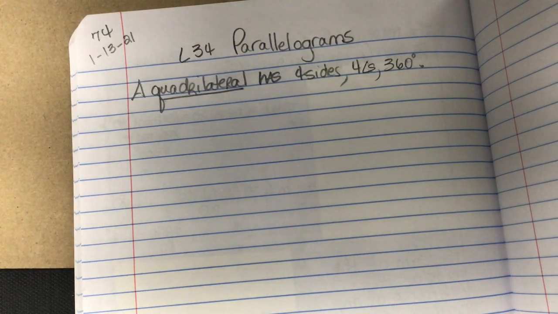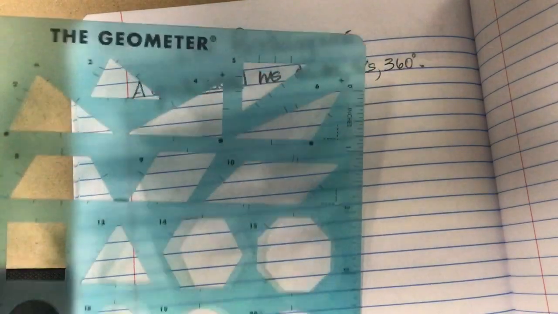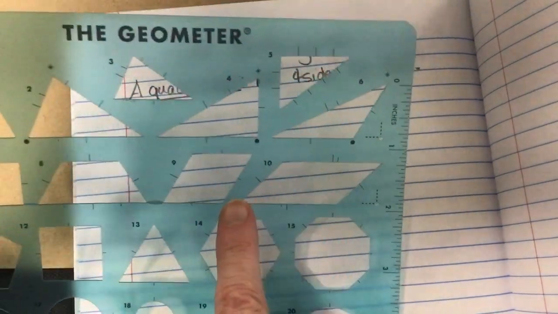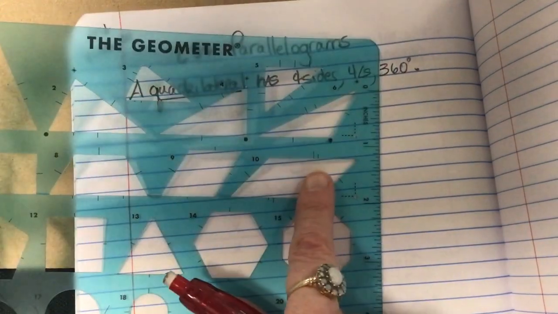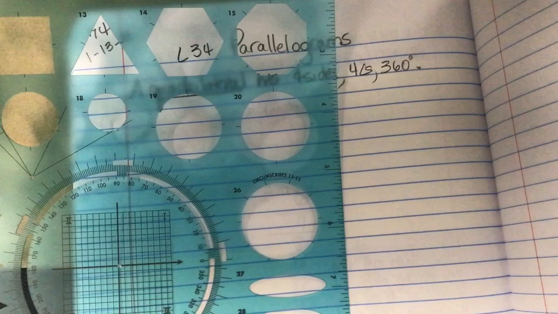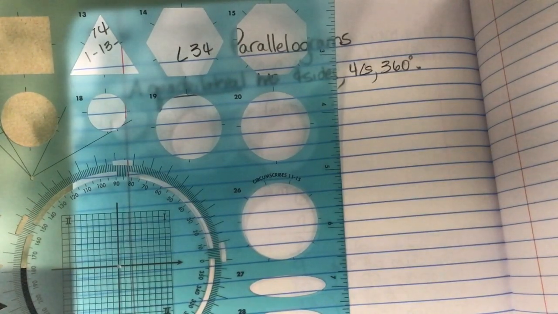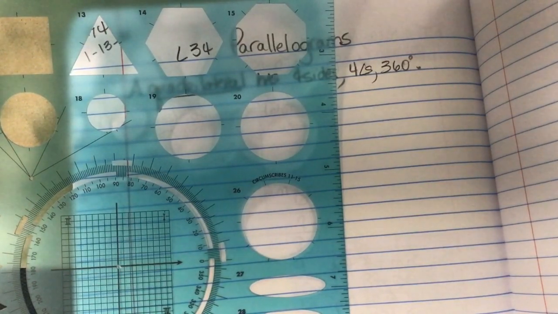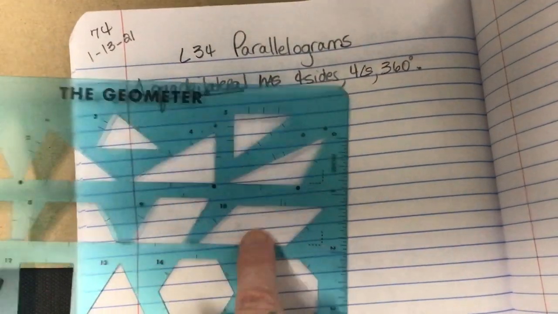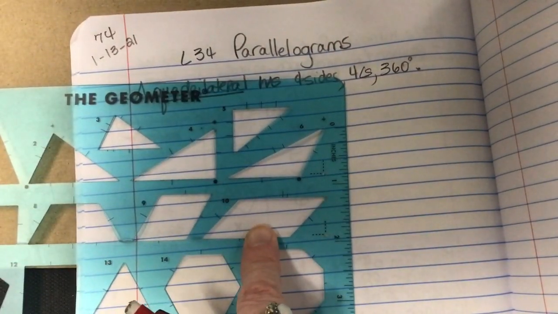Now, most everybody's, let me show you first. I think one person has the geometer that the parallelogram is up here, and it's number 10. But I think everybody else, it's down here, isn't it? Is it down in the corner? And what's the number? Does it have a number on it? It's 30 on, but I think one person, I didn't have 12. Well, y'all may have all gotten them.